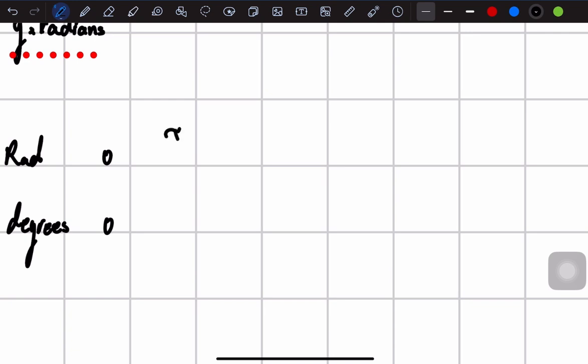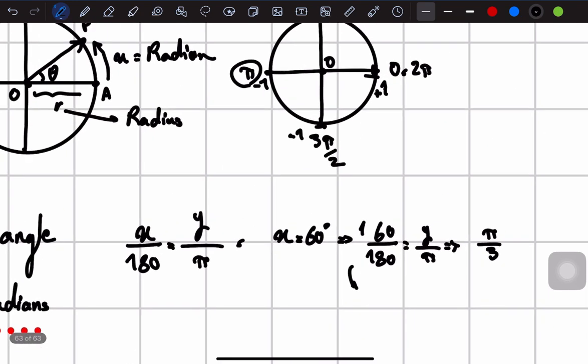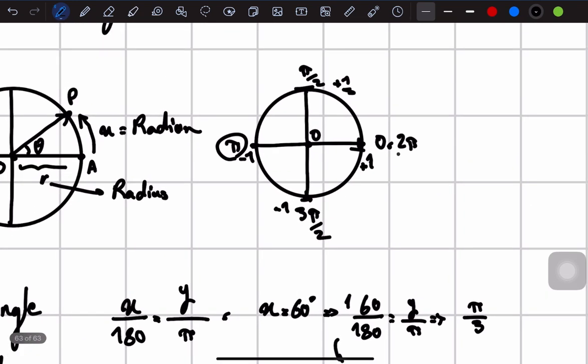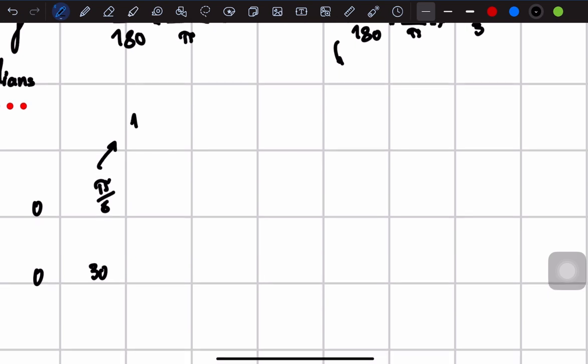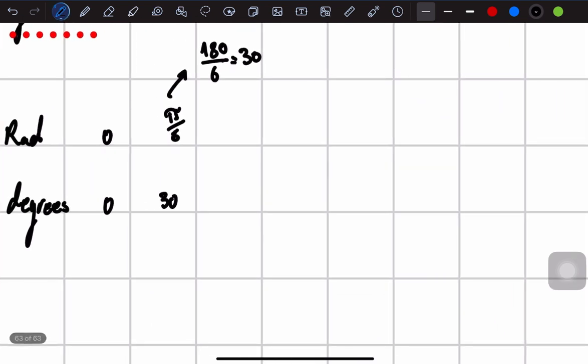For pi over 6, what is pi equal to? As I showed you, when we go from this point to this point, we travel 180 degrees. So pi is equal to 180 degrees. 180 over 6 is equal to 30. This is why I chose to write 30 here.